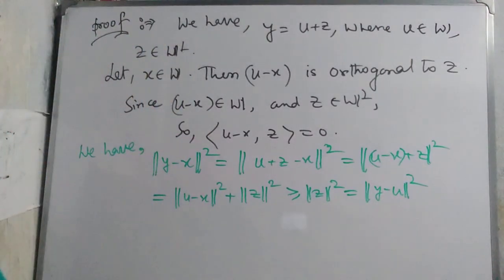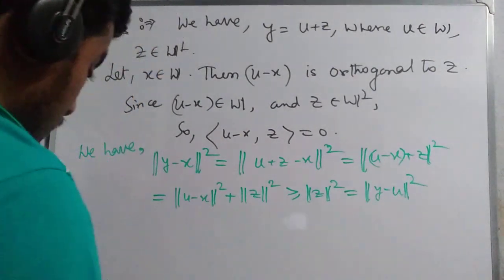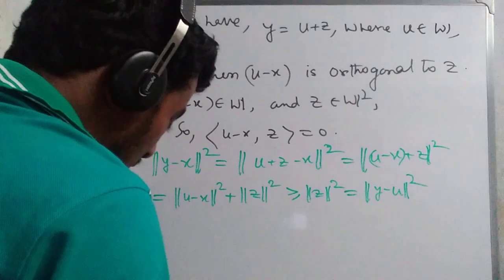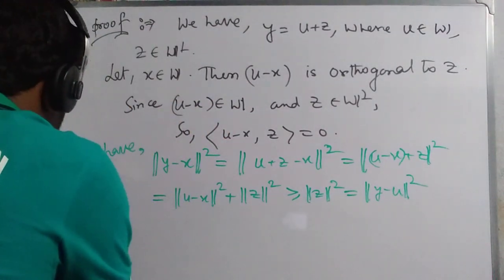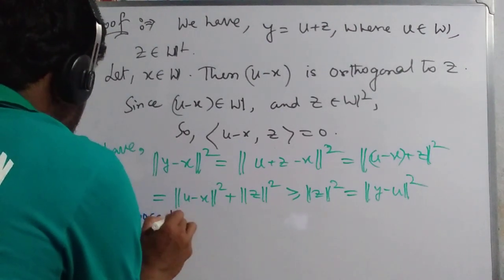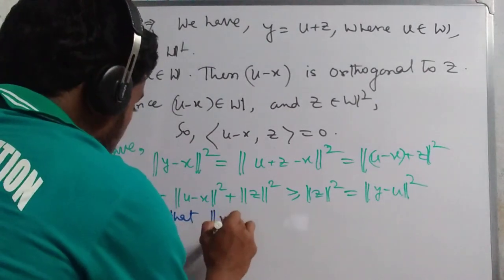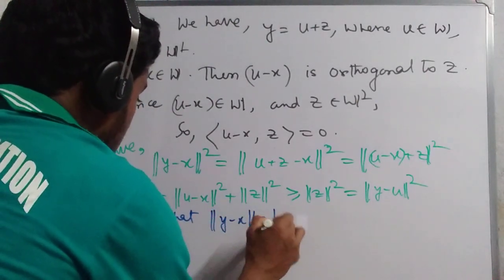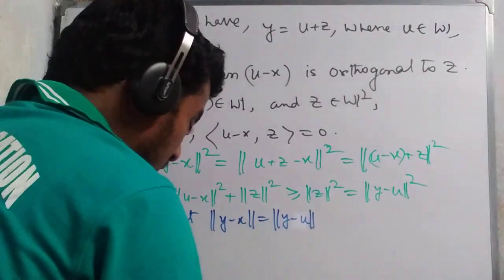Then we write it in this way. Now suppose that the norm of y minus x equals the norm of y minus u.